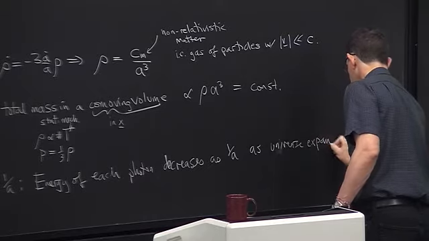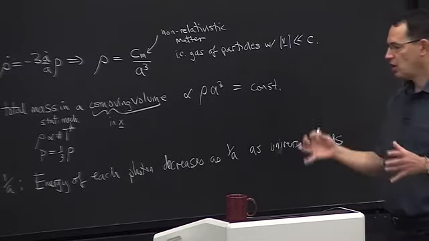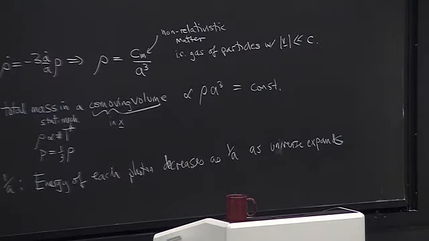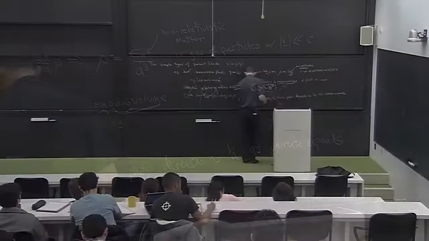So the number of photons is remaining constant. Therefore, the number density is going down like 1 over a cubed. But the energy of every photon is decreasing as 1 over a.